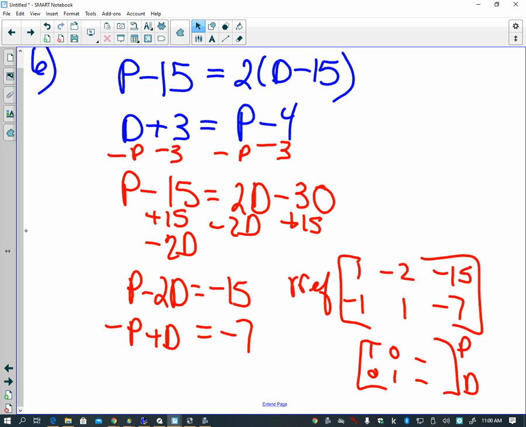RREF, matrix A, hit enter. I don't know. Is that it? 29? 29 and 22? 29P, 22D? Okay, so it worked.